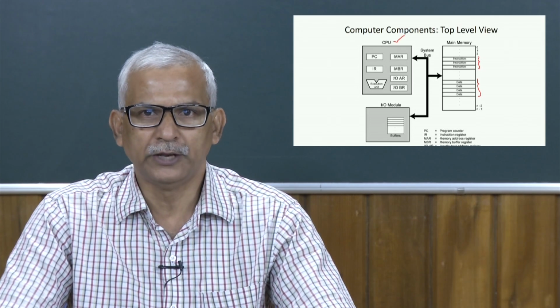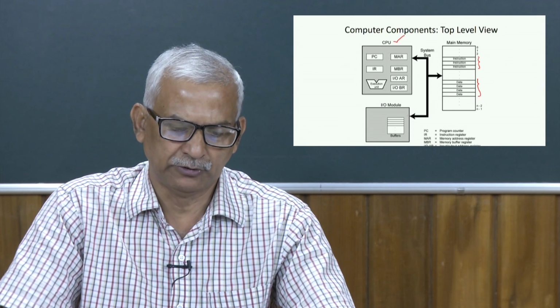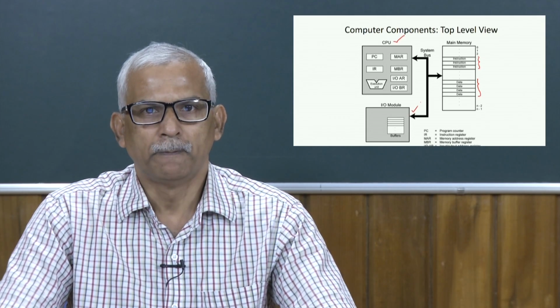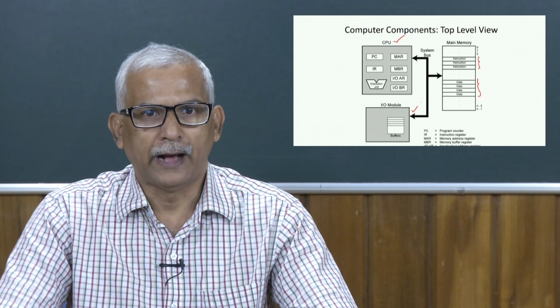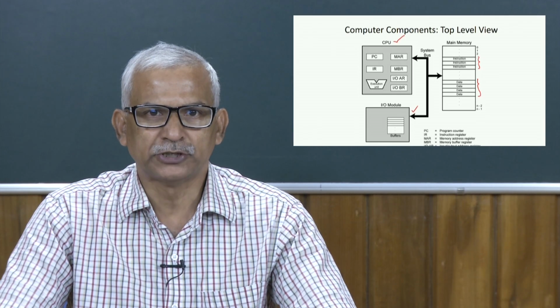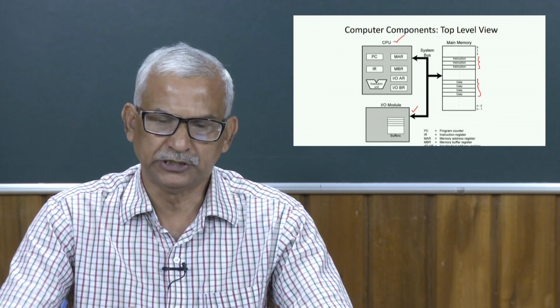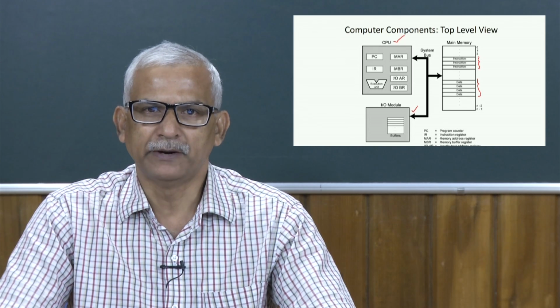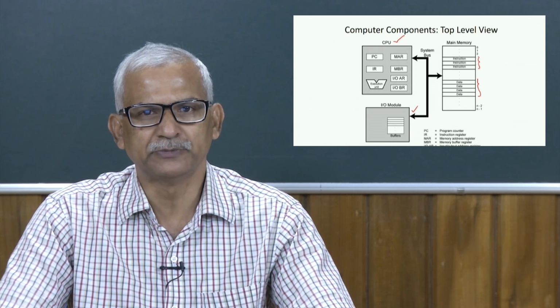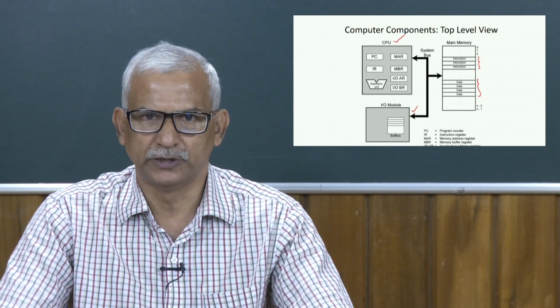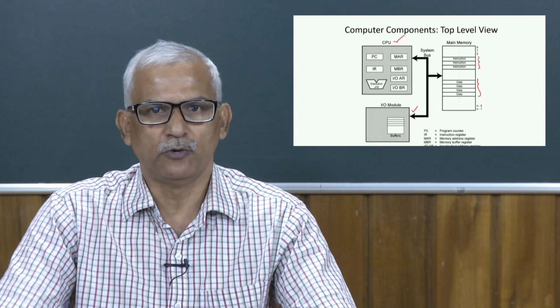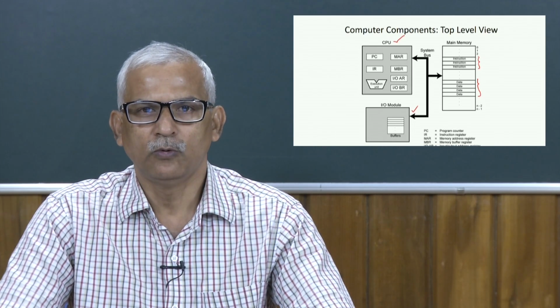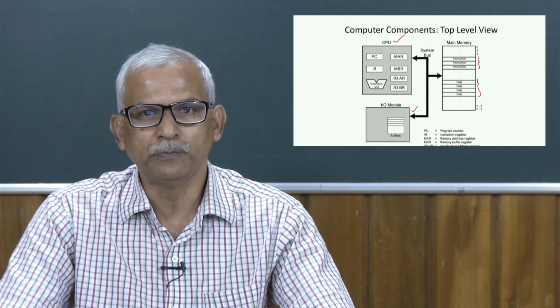To control the input output devices, we have this I/O module. The main memory and I/O module are connected to the processor through the system bus. I think in my last lecture we mentioned that the system bus has 3 components: address bus, data bus and control bus. Now, in this framework, we are going to see how we execute a computer program.